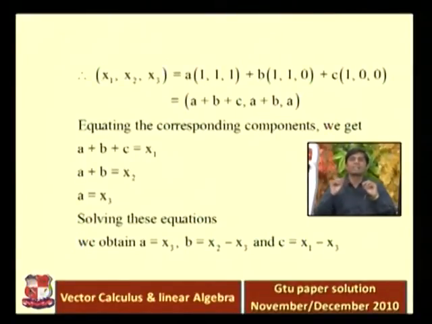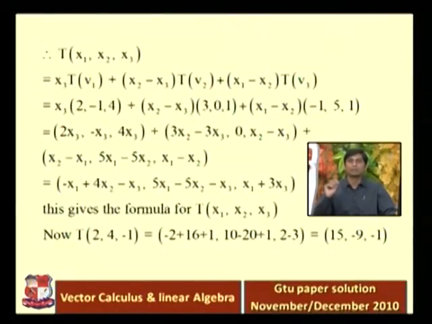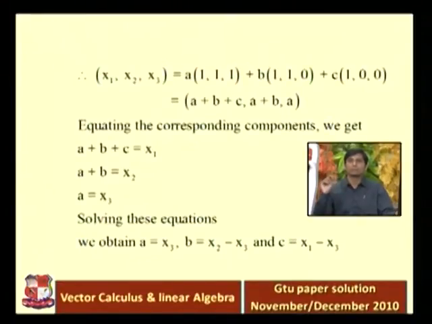So now we have a, b and c in terms of x1, x2, x3. Now put these values of a, b and c in the first equation. So now (x1, x2, x3) is equal to a times (1, 1, 1), but what is our a? a is x3. So (x1, x2, x3) is equal to x3 times (1, 1, 1) plus (x2 minus x3) times (1, 1, 0) plus (x1 minus x2) times (1, 0, 0), and then operate T on both sides.